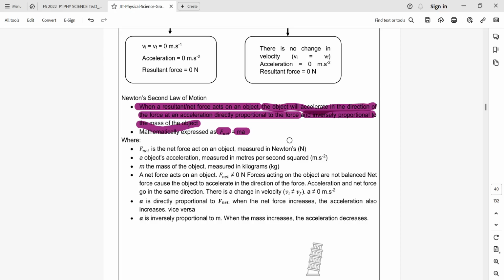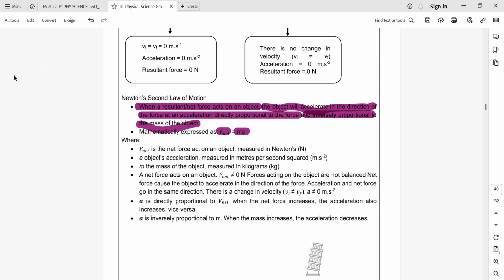When a net force acts on an object, the object will accelerate in the direction of the force at an acceleration directly proportional to the force and inversely proportional to the mass of the object. That's how it states, clearly and simply.